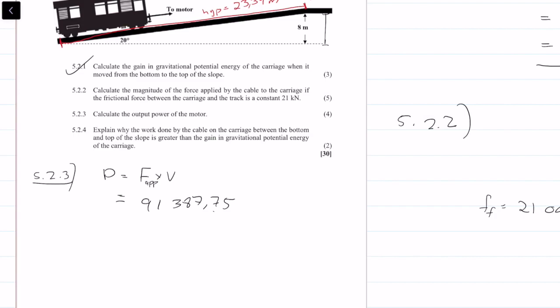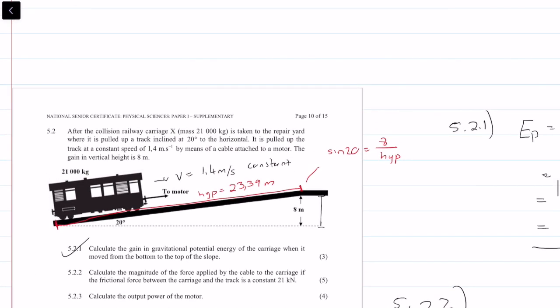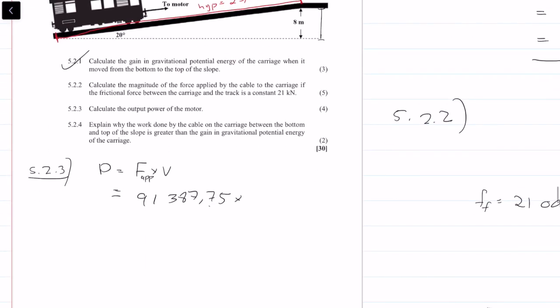And what is our velocity? It was given to us right over here because it's constant, 1.4. And so the answer that we get is 127,942.84. And what units do we have for power? It is watts. And there we go, there's our answer.